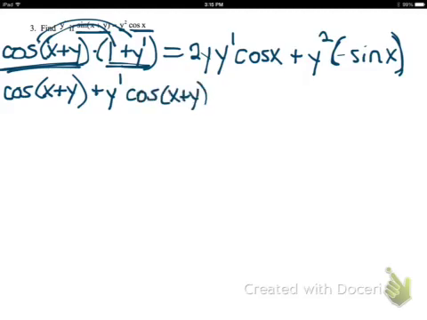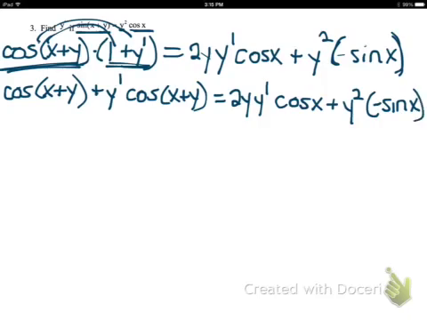Why am I doing this? Because I have to get the y primes together. In order to do that, I have to first distribute. And then equals the right side, 2y y prime cosine of x, plus y squared times negative sine of x, which really will just turn into a minus there, okay?